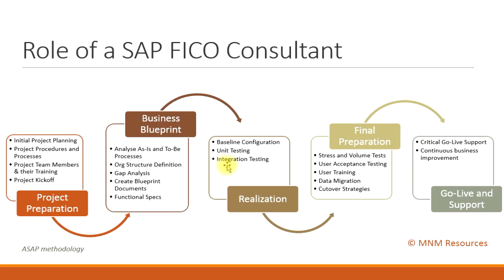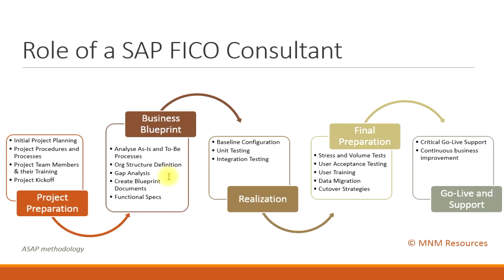Then you have to define the organization structure. These are the organization's departments and divisions, and also how you want to have each process defined for each of these organizations in SAP. And anything which can't be done standardized in SAP, you have a gap analysis and you see what other customization program you can do to overcome this situation.